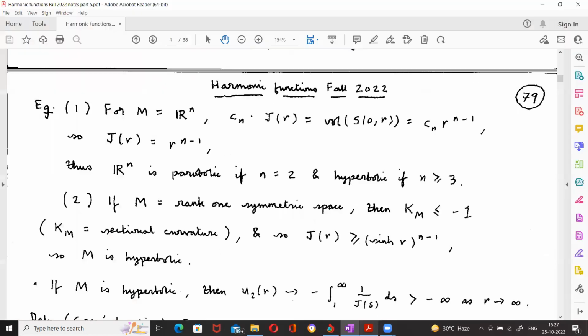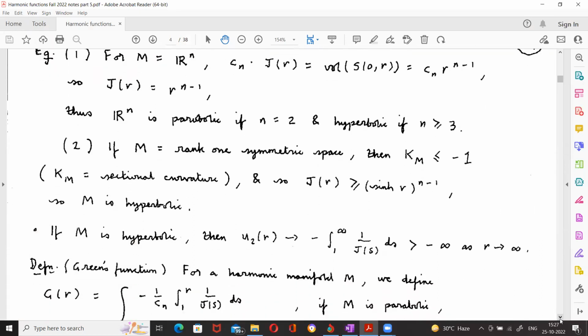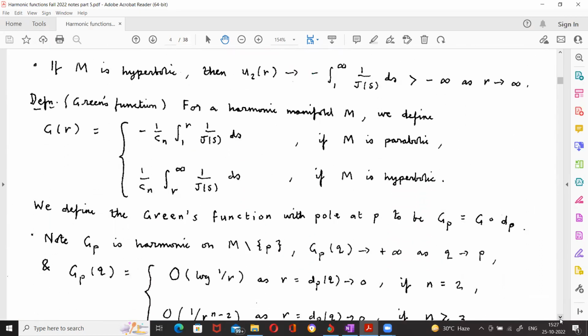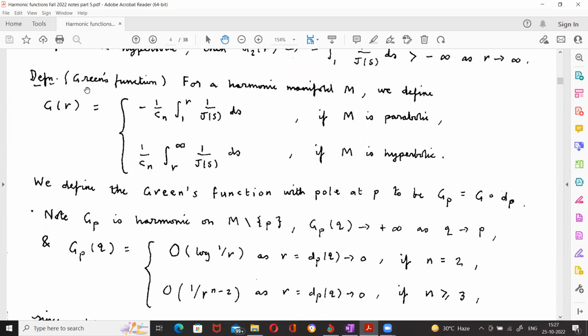Okay. All right. So now we define the Green's function. This will be very important for us for a harmonic manifold. We define this to be minus 1 over Cn times the integral from 1 to R of 1 over the Jacobian.